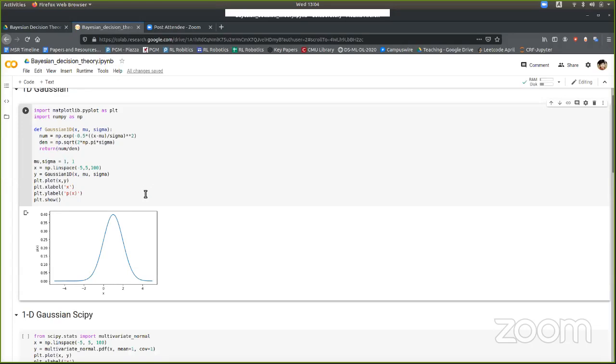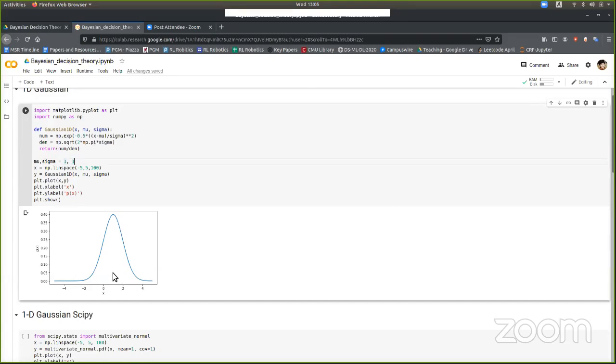Here is how the Gaussian looks in one dimension. Here I have defined a function that gives us the probability for the 1D Gaussian. It takes in the value of x, the mean, and the sigma. First we compute the numerator term and then the denominator term, and then we divide them. If we take values between -5 and 5 and plot the Gaussian, it looks like this. In this case I have assigned mu and sigma to be 1 and 1.